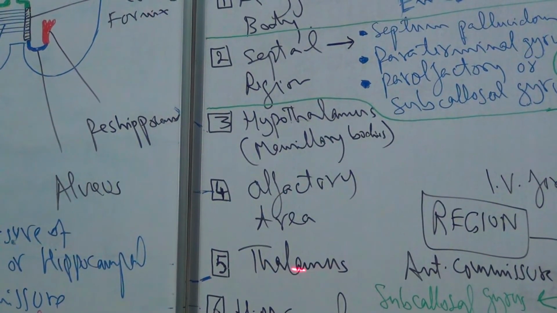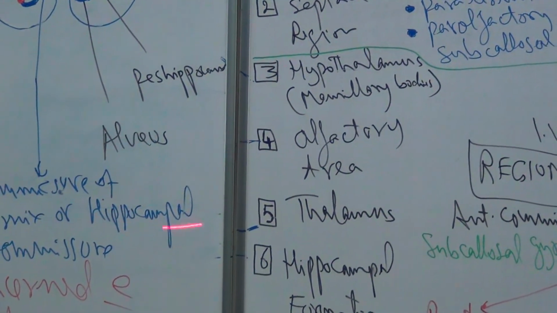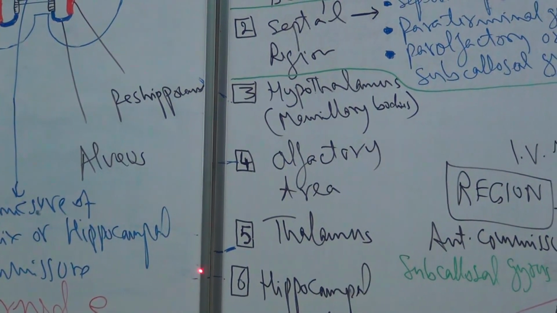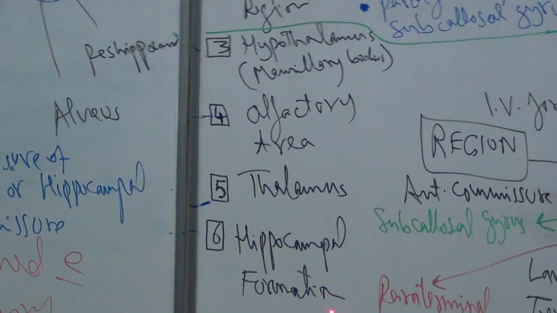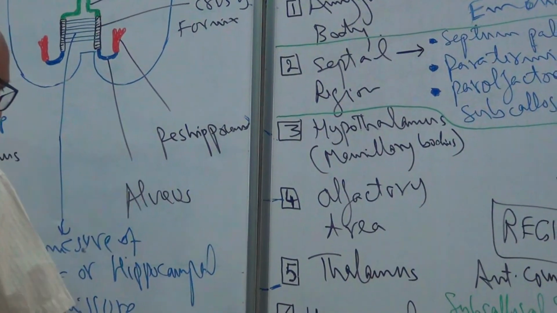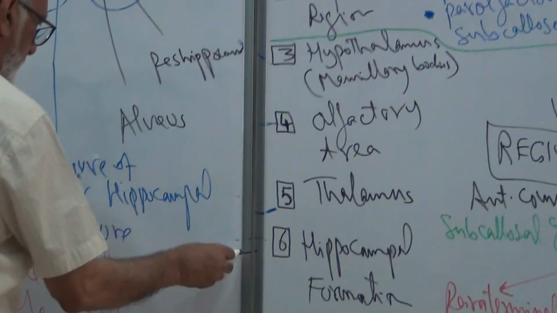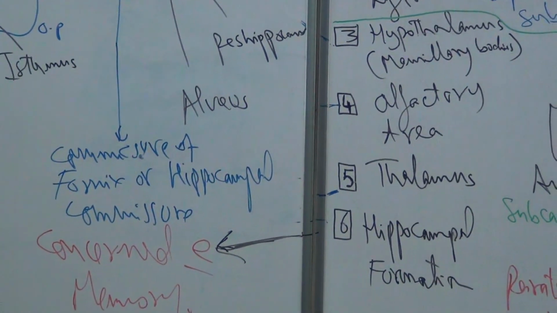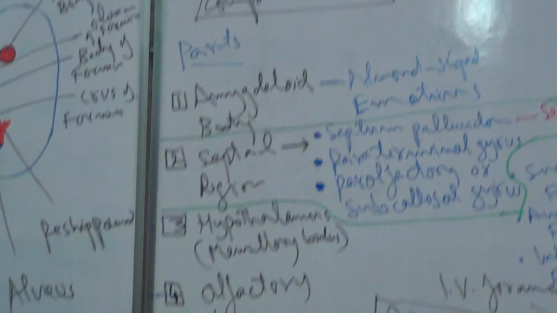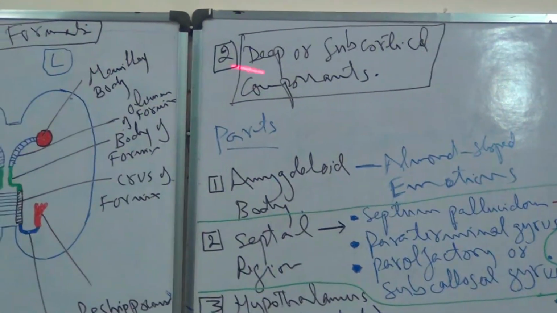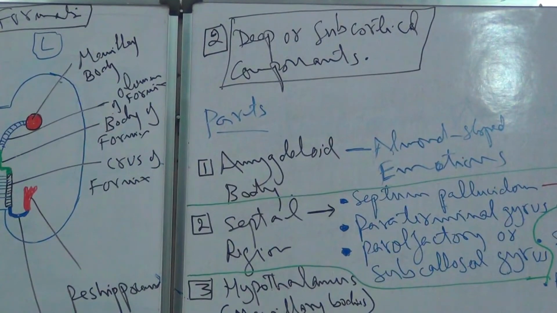Then the thalamus, because of its connections with the limbic system, is also part of the limbic system, and the hippocampal formation is mainly concerned with memory. So this was the second deep or subcortical component of the limbic system.